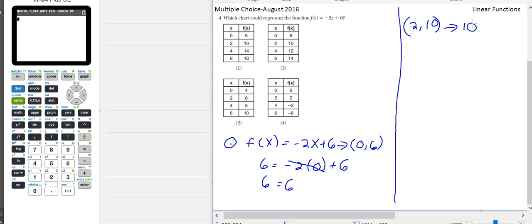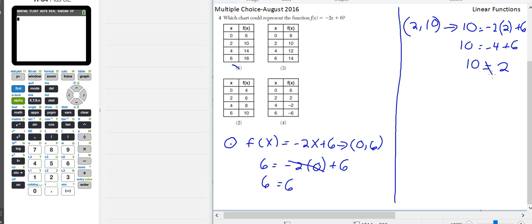For f of x, we have 10 is equal to negative 2 times x, which is 2, plus 6. 10 is equal to negative 2 times 2 is negative 4, plus 6. 10 is equal to negative 4 plus 6, which is positive 2. Since 10 is not equal to 2, the point 2, 10 does not make f of x equal to negative 2x plus 6 true, so the answer cannot be choice 1.